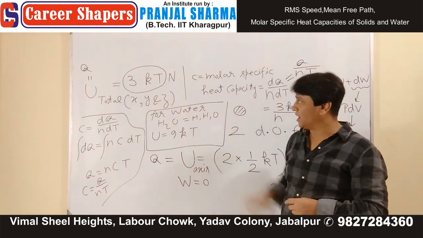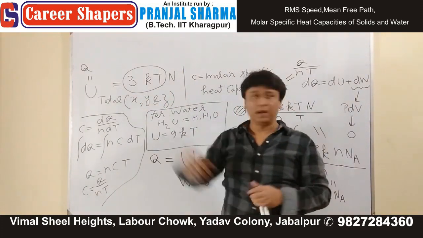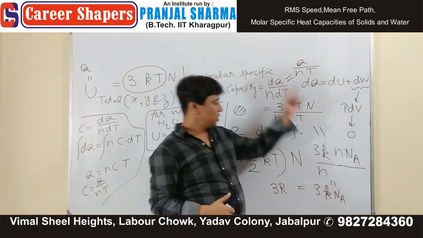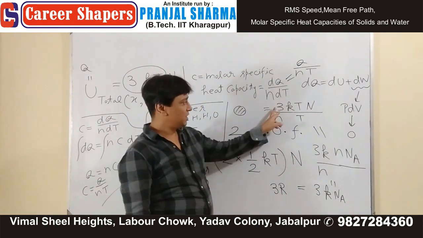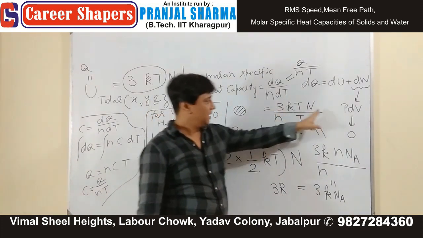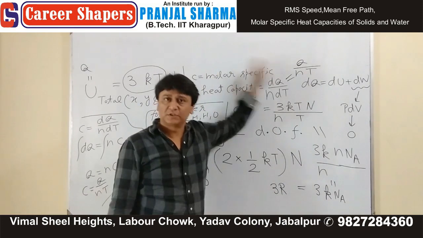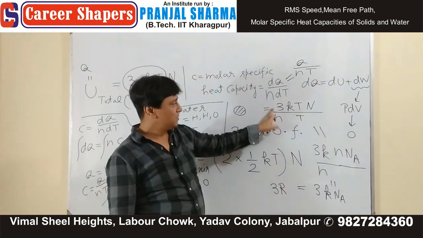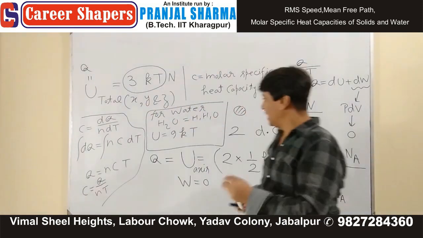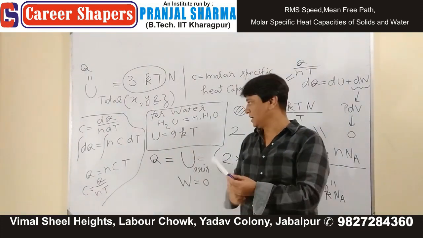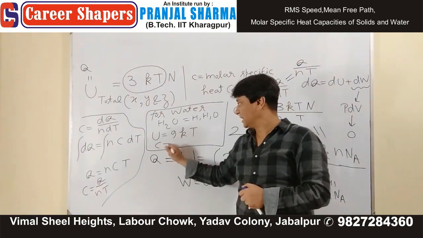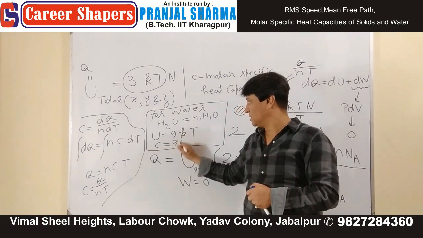To save time, when this is 3 kT, your molar specific heat capacity is coming 3R. Do the same thing. Replace 3 with 9, divide by nT. Do the same thing with water. Simply replace 3 with 9 and you get your molar specific heat capacity, which is 9R.